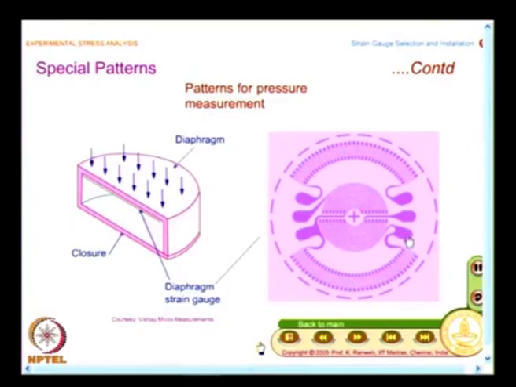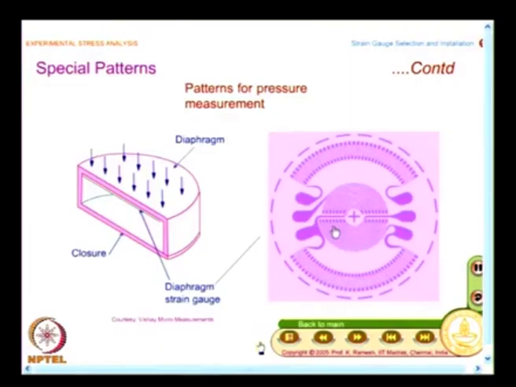Because I use a metal foil and then I do an etching process, I can put any complicated pattern for the etching, and you have one set of patterns which are radial like this. What is the component of strain that this will sense? It will sense the radial strain, because it measures only strain along the gauge length. You have another set of patterns which are circular.